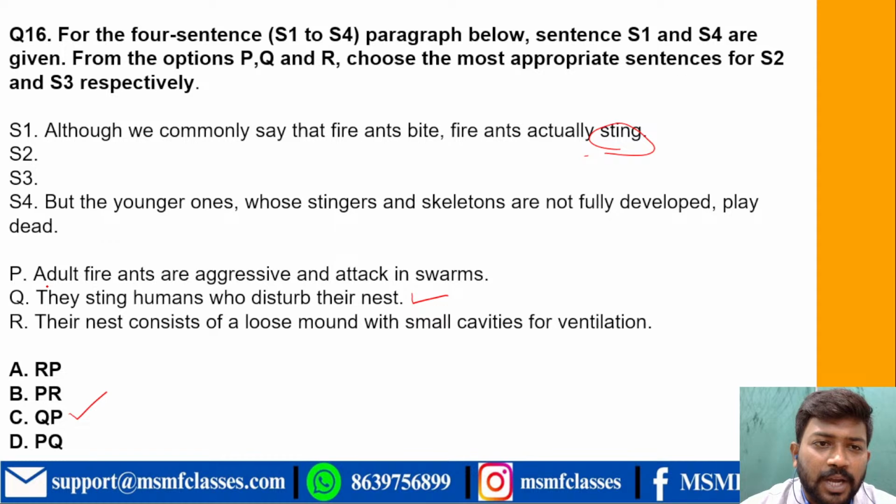So they are speaking about the adult fire ants. Later on, there is a connection with, but the younger ones. So here also younger fire ants, whose stingers and skeletons are not fully developed, play dead. So go with the option QP directly. So C is the option. Gautam has given good. Soumya also opted QP. Nice.